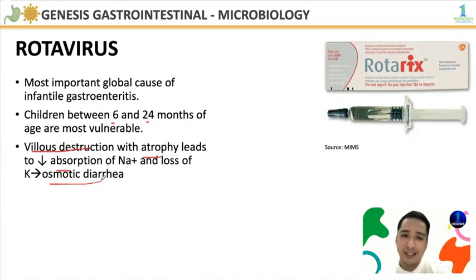According to the CDC, it is recommended to give routine vaccination for rotavirus. If you can remember, rotavirus vaccine is associated with cases of intussusception, and another contraindication is severe combined immunodeficiency. But otherwise, rotavirus vaccination is a recommendation.